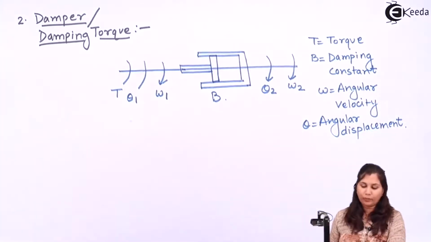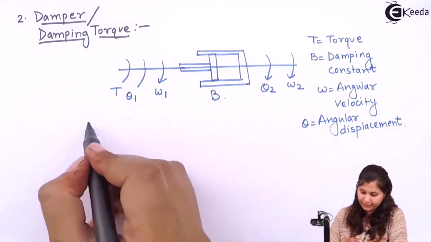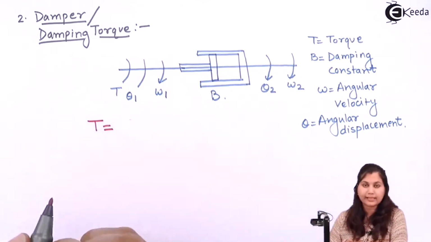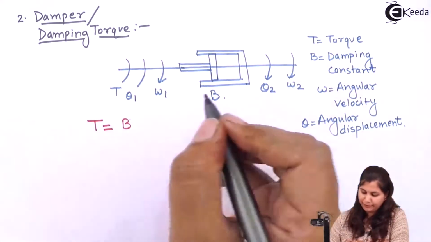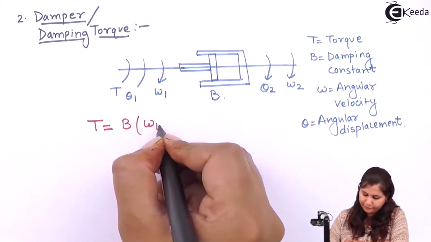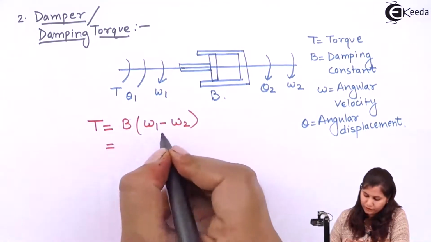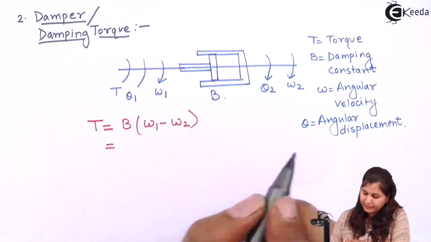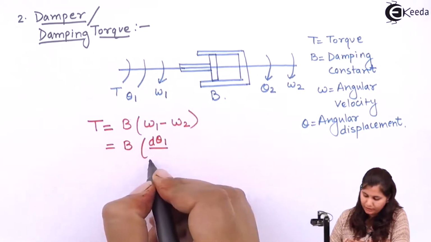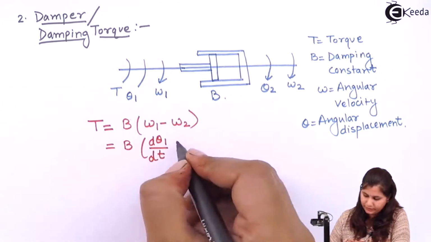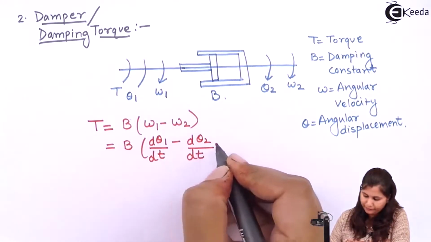So if we write the equation for this damper, we will get that T, that is the torque applied on this element, is equal to B, that is the damping constant, times the difference between the two angular velocities. If we represent it in the form of displacement, it will be d theta 1 by dt minus d theta 2 by dt.